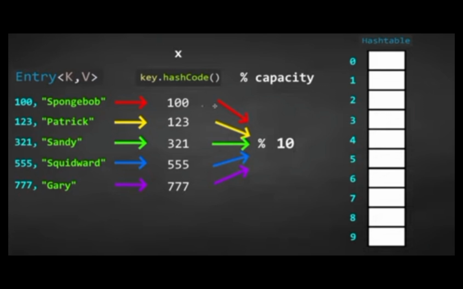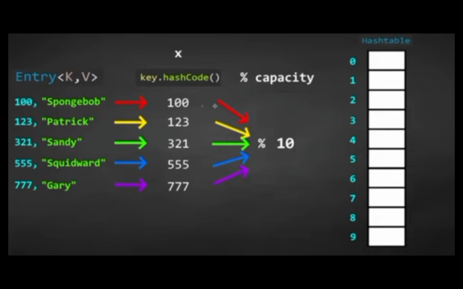So after finding the hash of your key, each number is so large and the size of our hash table is only 10 elements. What we do next is take each of these hashes and divide each of them by the capacity of our hash table.